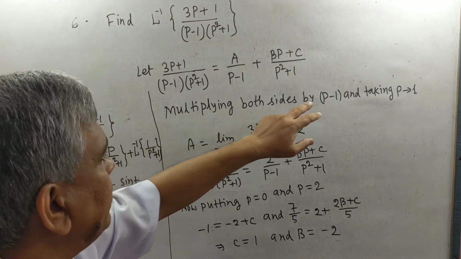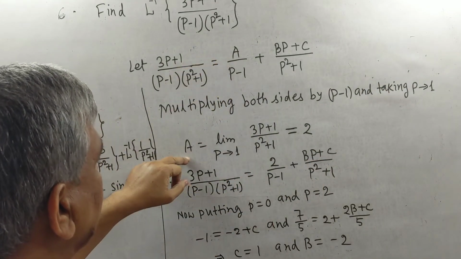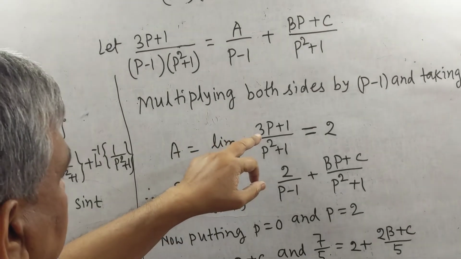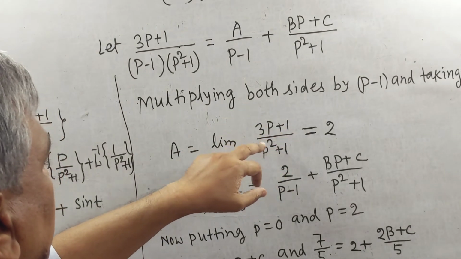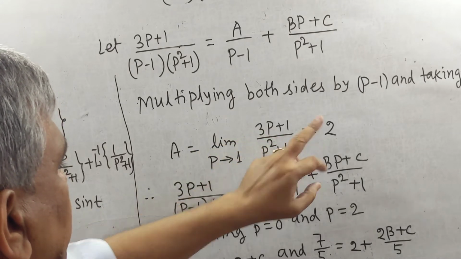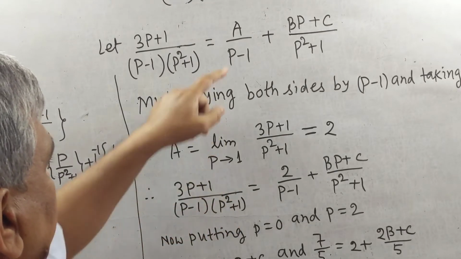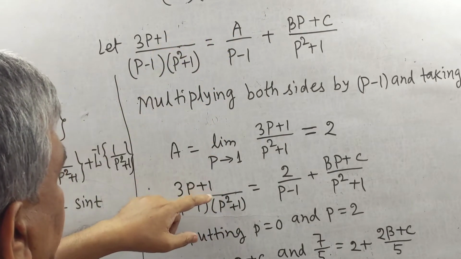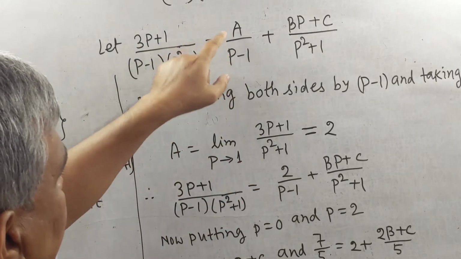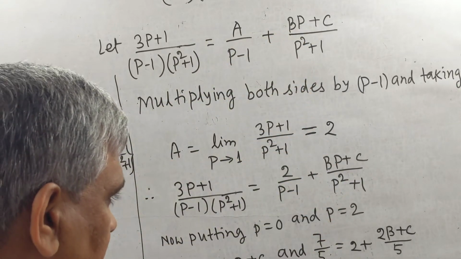Multiplying both sides by p minus 1 and taking p tends to 1, we get the value of a. Limit p tends to 1, and multiplying by p minus 1, we get 3p plus 1 by p square plus 1 equal to 2. So putting the value of a here, we get 3p plus 1 by p minus 1 into p square plus 1 equal to 2 by p minus 1 plus bp plus c by p square plus 1.